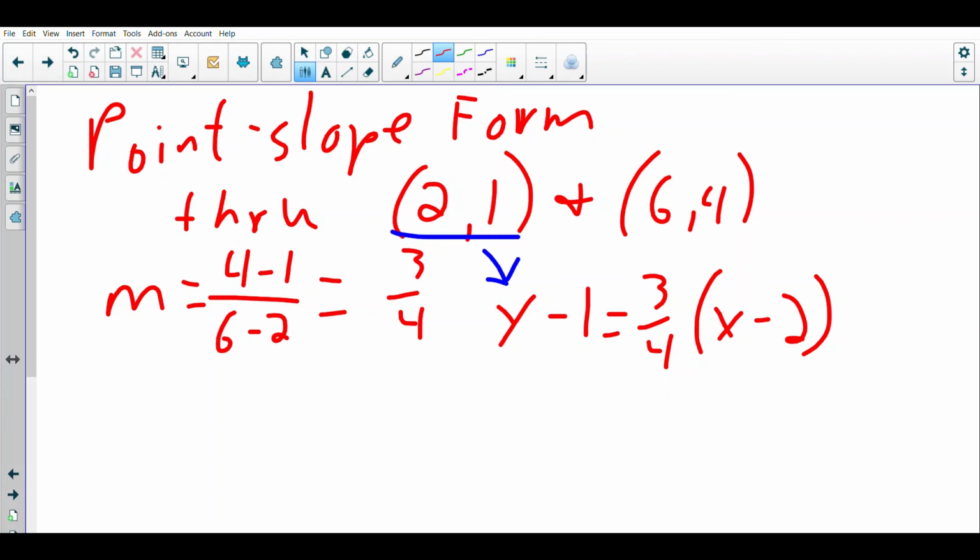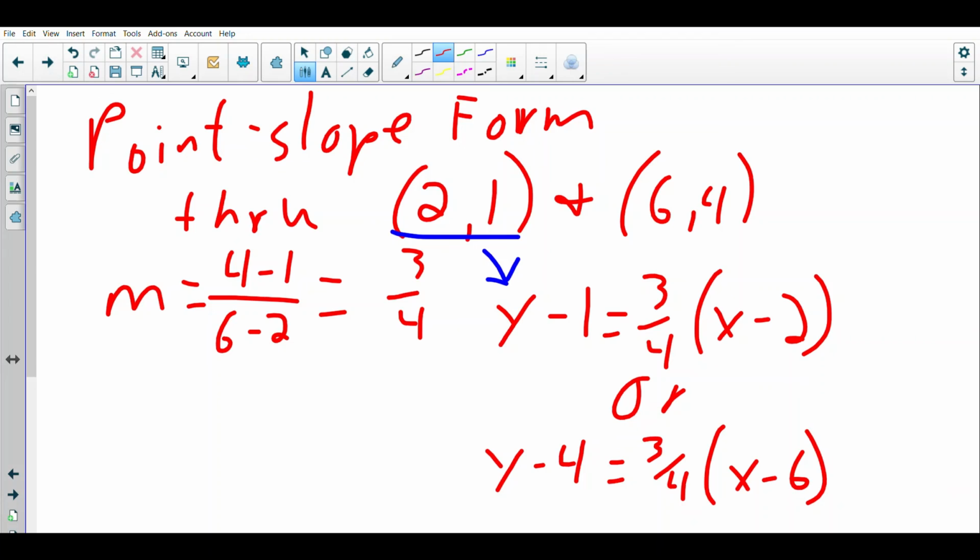Or we can go y minus 4 is equal to 3/4 times x minus 6. And that one corresponds to the second one. Okay, so either one is absolutely fine. You have multiple choices, so if you are comparing to someone else, it may look different because you might have chosen a different point to use.